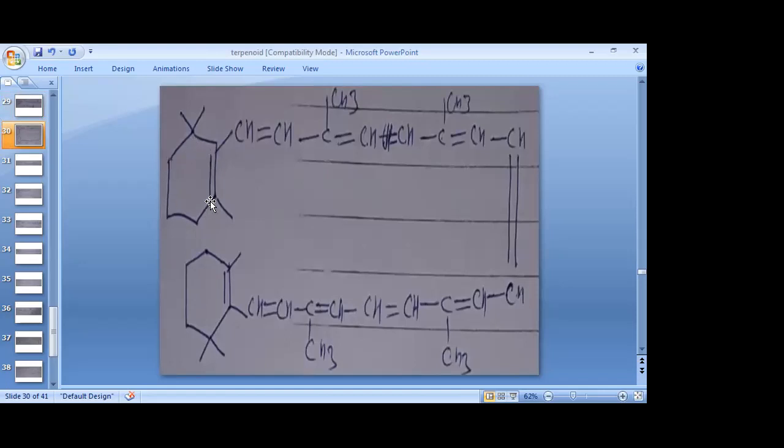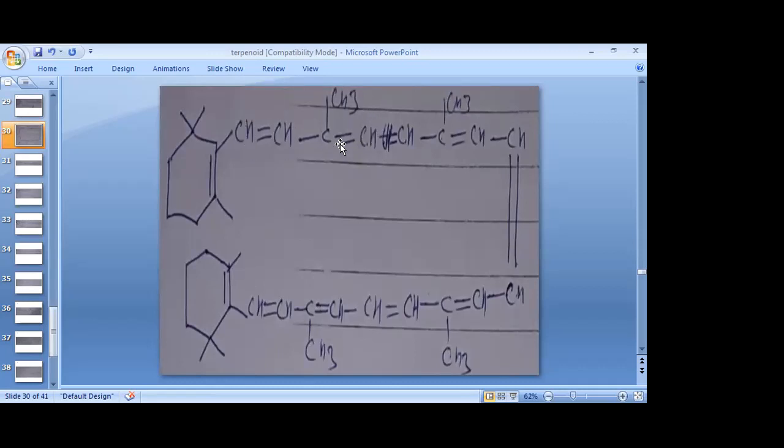You can see here it is cyclohexene. Here two methyl groups, here two methyl groups, and one methyl group at this position, right? One double bond, then single bond, then double bond, then single bond, then double bond, single bond, double bond. So in this way, there are many conjugated double bonds. And the isoprene unit: CH double bond CH, then C, then CH3, then CH.